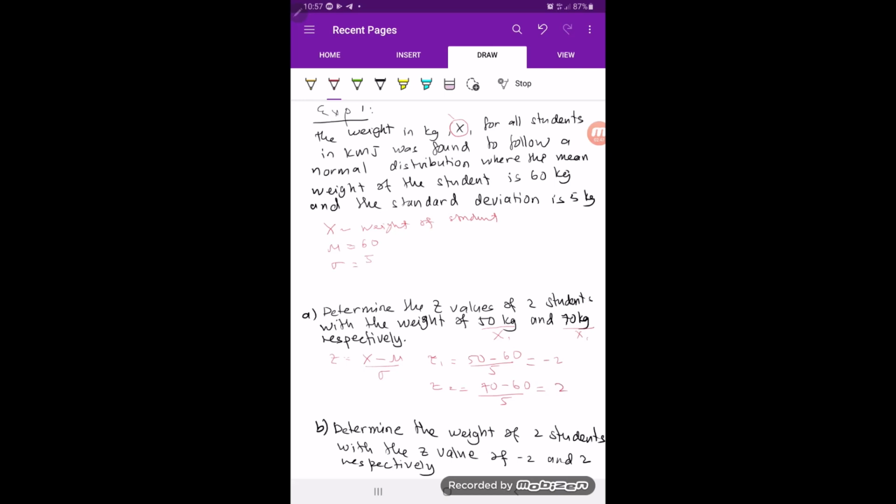That means for x equal to 50, you can change to the z value, and you find z is equal to -2. For x equal to 70, the value of z is equal to 2. Okay, use this formula to change from the x values to the z values.